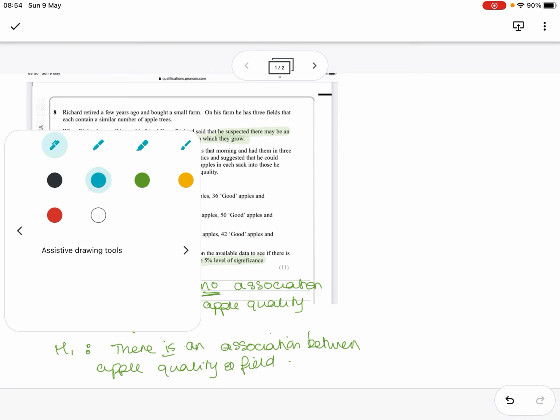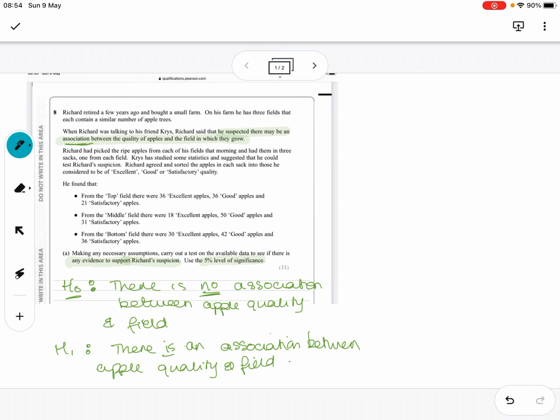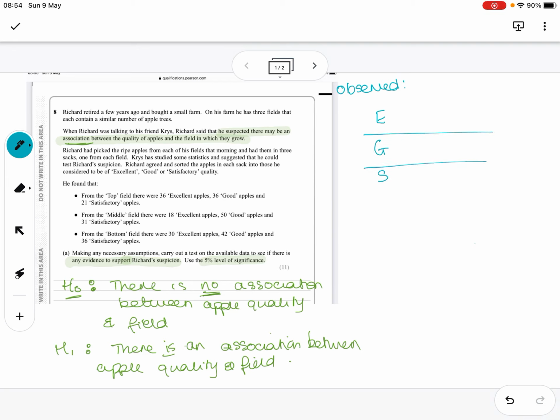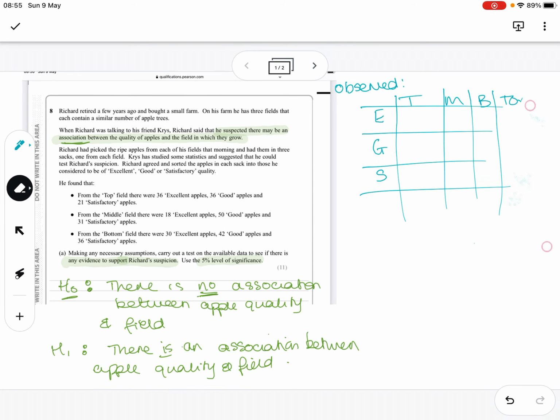So then what we've got to do is, this is our contingency table test. We need to set up the contingency table of the observed values. So we've got excellent, good, satisfactory, and top field, middle and bottom, and then we need totals.